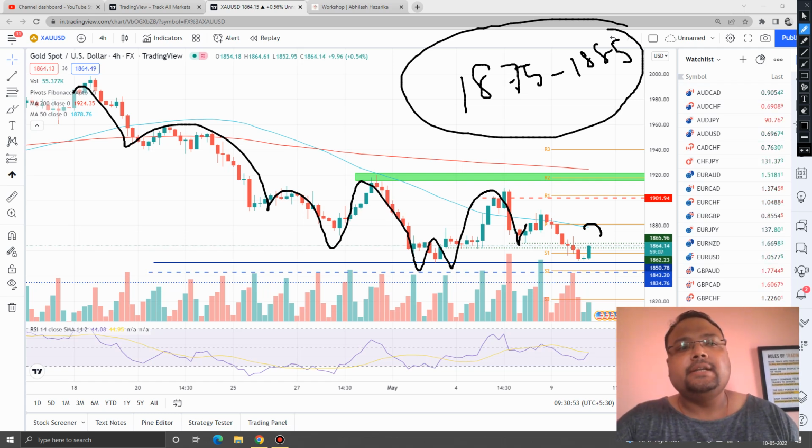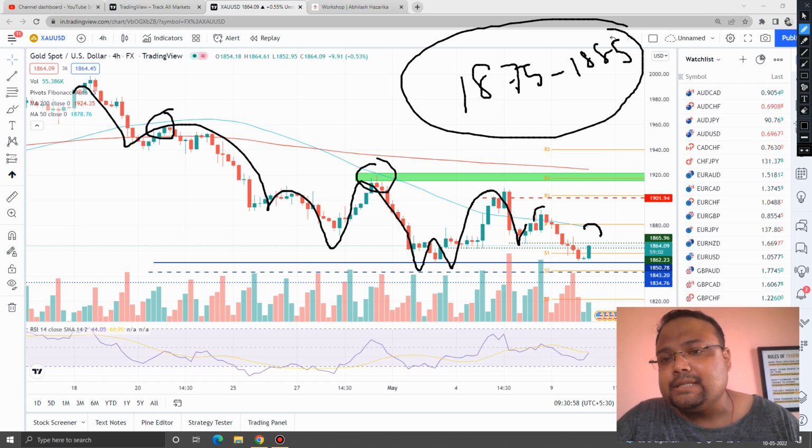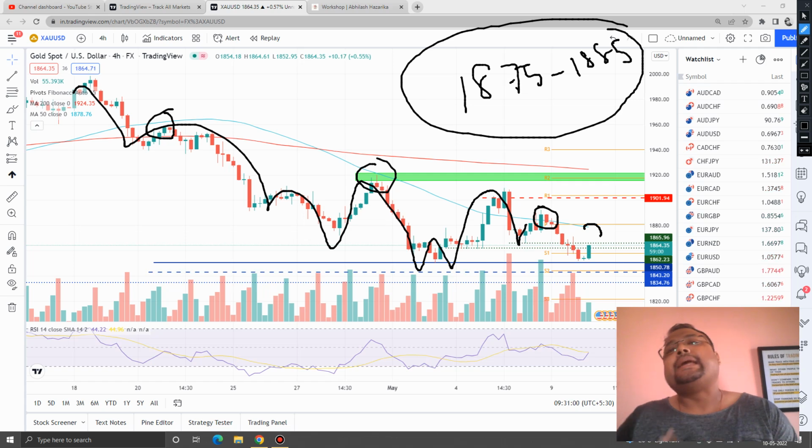And we have also seen the 50 moving average acting as dynamic resistance in the market overall. So we can hope that the 50 moving average will provide resistance to the market again. If we see market reversing from the area of the 50 moving average, we can take a sell position again.